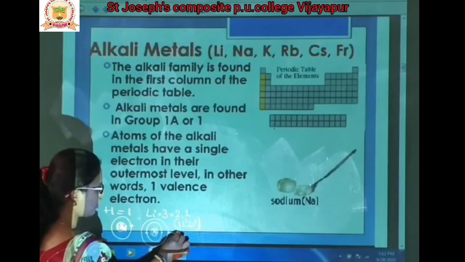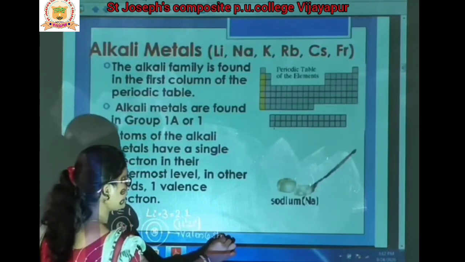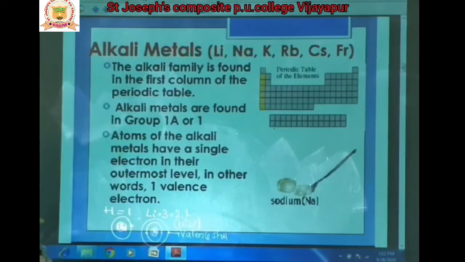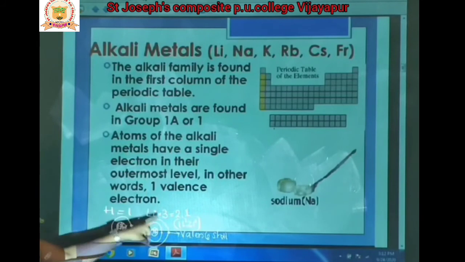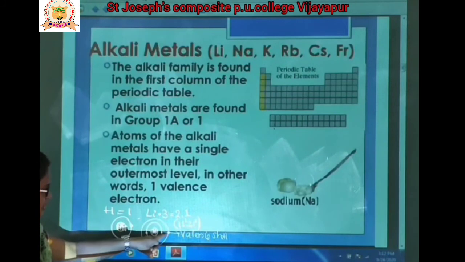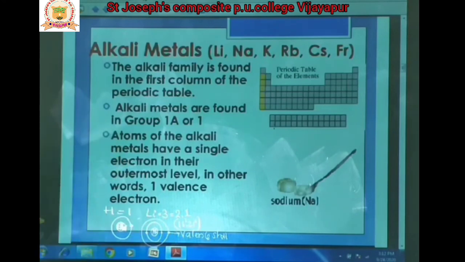This shell we call the valence shell. The valence shell occupies how many electrons? 1 electron. So the sentence is: atoms of the alkali metals have a single electron in their outermost level. That is the valence shell, consisting of a single electron. So the valence electrons are 1 in the alkali metals.